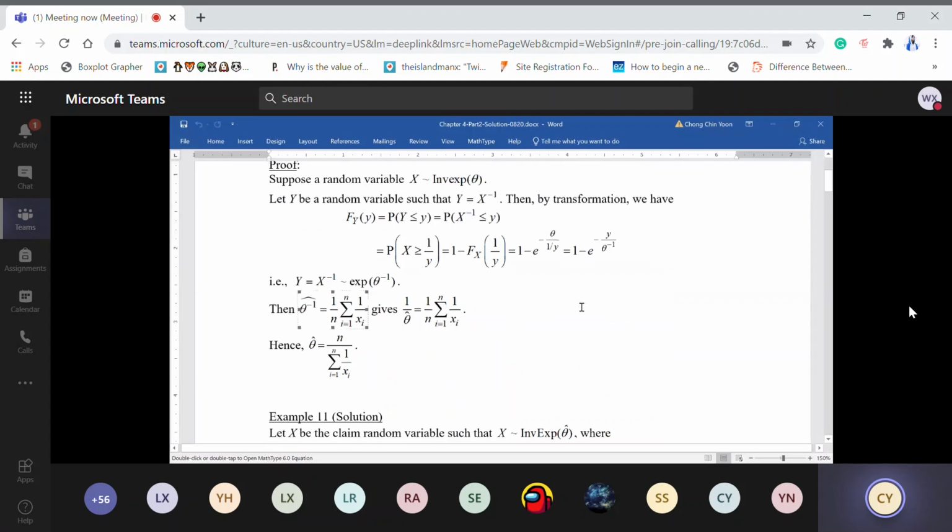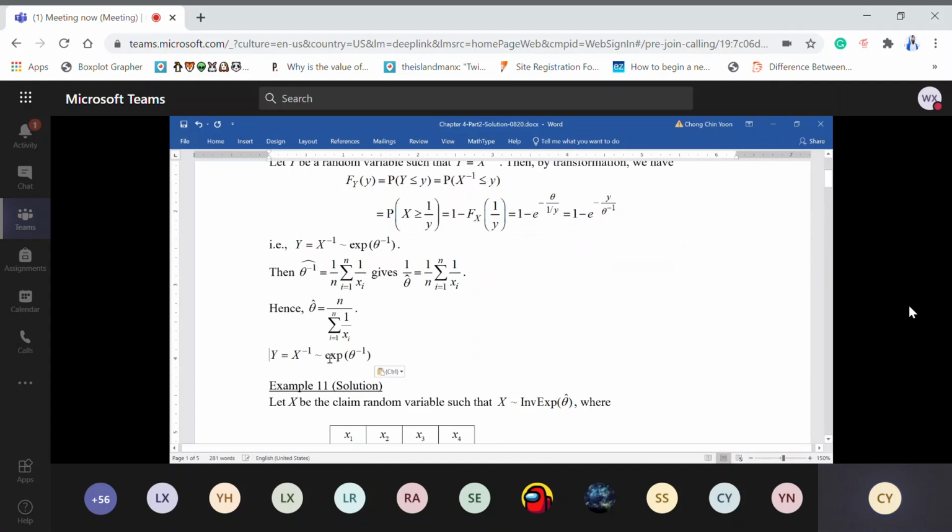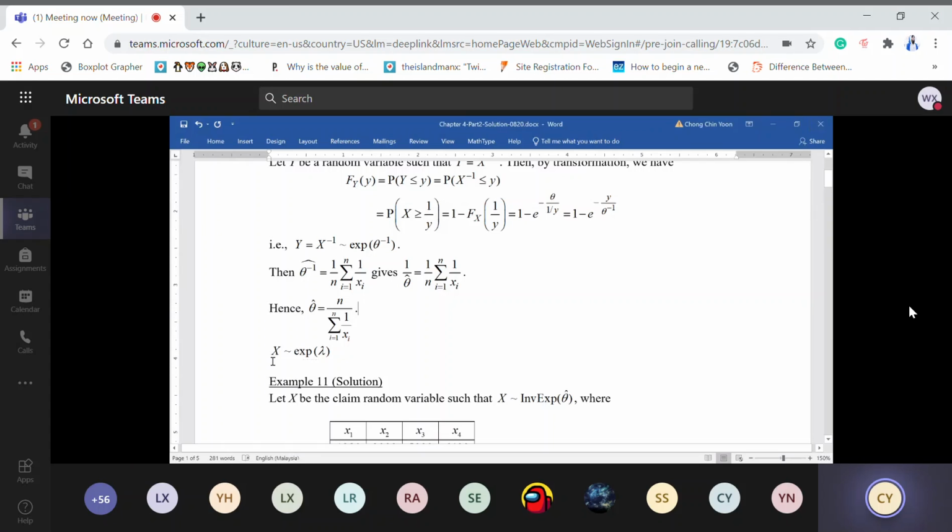exponential distribution, the formula is this, right? Remember, if my x is exponentially distributed with parameter, let's say I put lambda. Okay, if my x is exponential with the parameter lambda, so what is my lambda?